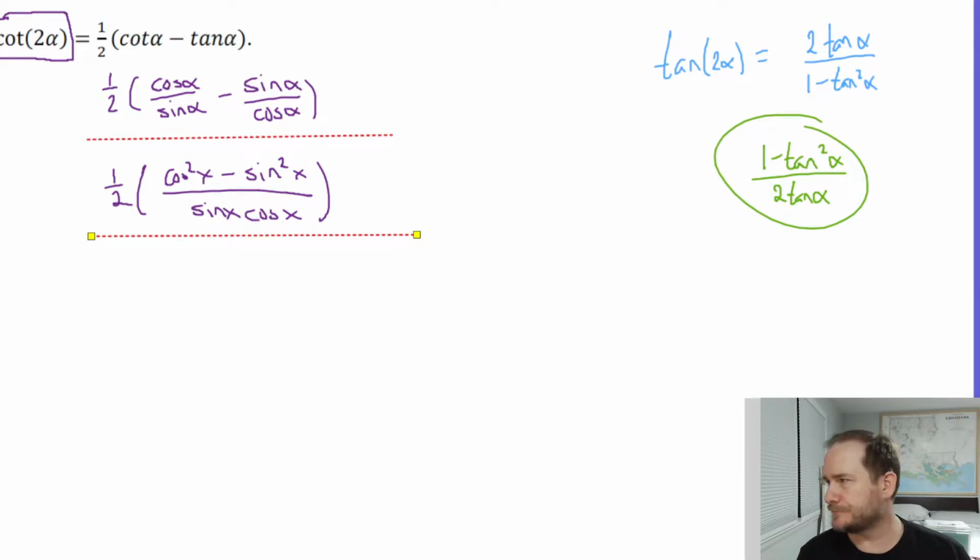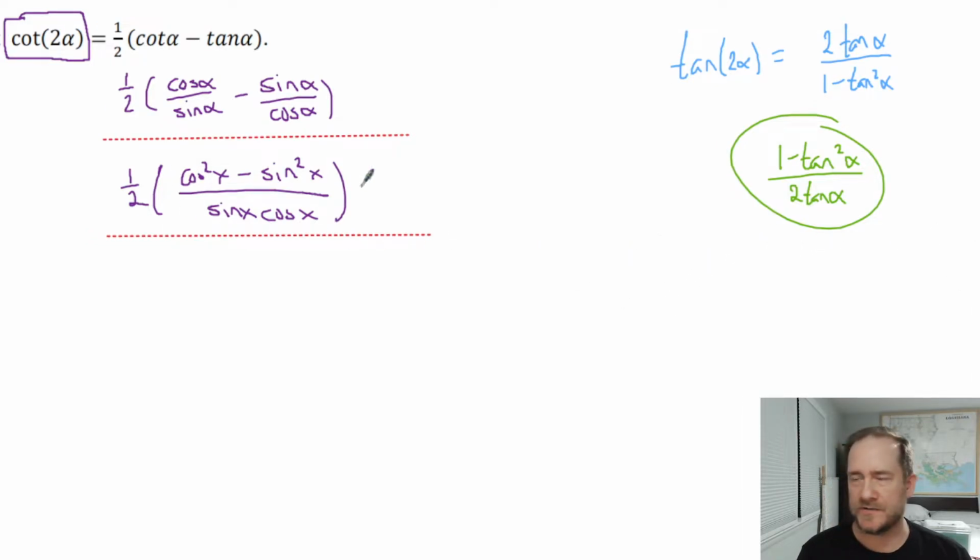You know what? Seeing what I'm seeing, I'm gonna change the process. I know I said some junk over here about how if we're trying to get to cotangent, then maybe we want to be looking for the reciprocal of tangent. I don't think that anymore, because now that I see cosine squared minus sine squared, that's cosine of 2 alpha. So if we're trying to get here, then we could also be thinking of cotangent of 2 alpha as cosine of 2 alpha over sine 2 alpha.